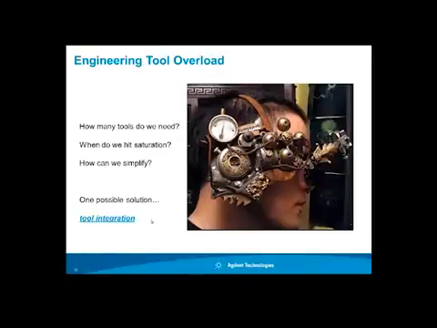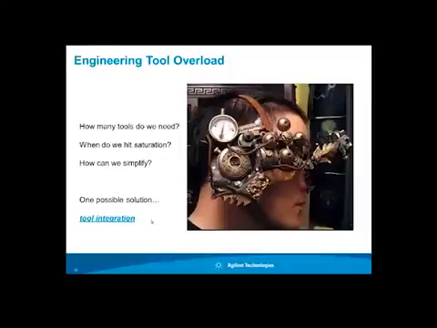I think there's a very clear analogous situation for signal integrity engineers in the SI lab, who have so many tools to keep track of. It's very easy to become saturated and overwhelmed with so many tools.